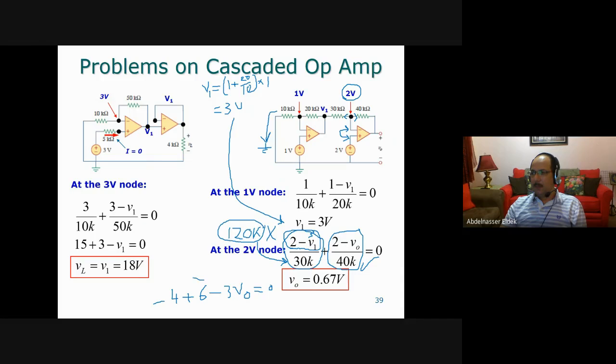Then in this case, you can just add negative 4 and 6, that will be 2. And you move negative 3 VO to the other side, so 2 equals 3 VO. Then you can find VO, of course. VO equals 2 divided by 3, which is 0.67. Okay.